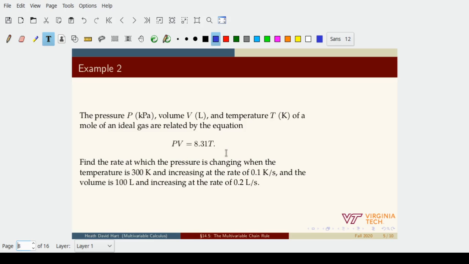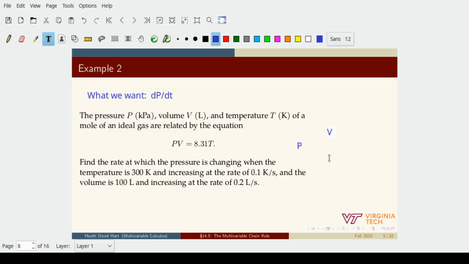And so that's what we want, is the rate of change over time. And what we have are the rate of change in temperature with respect to time and the rate of change with volume with respect to time. Okay? So we have this dependency diagram where pressure depends on volume and temperature.